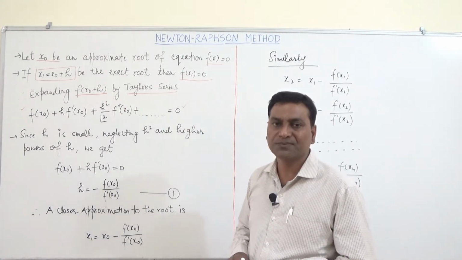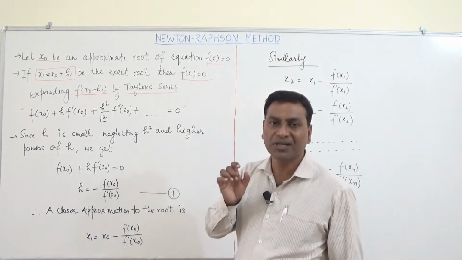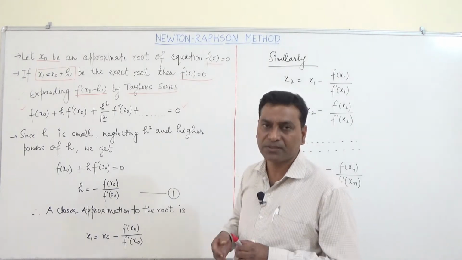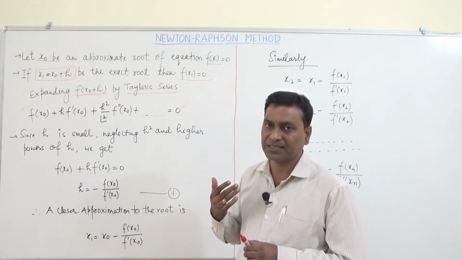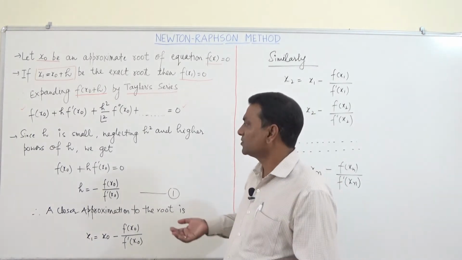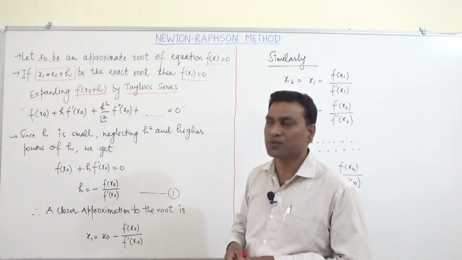Now here, as we know, h is a very small difference between two roots, or we can say two approximate roots. This may be like x0, x1, or x1, x2, x3, x4. So we can say h square will be very small.